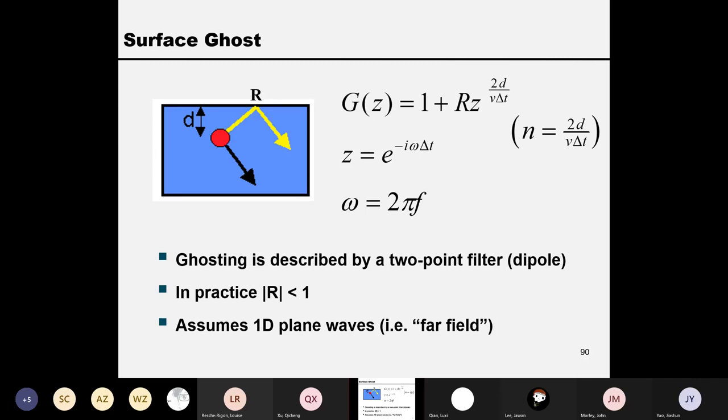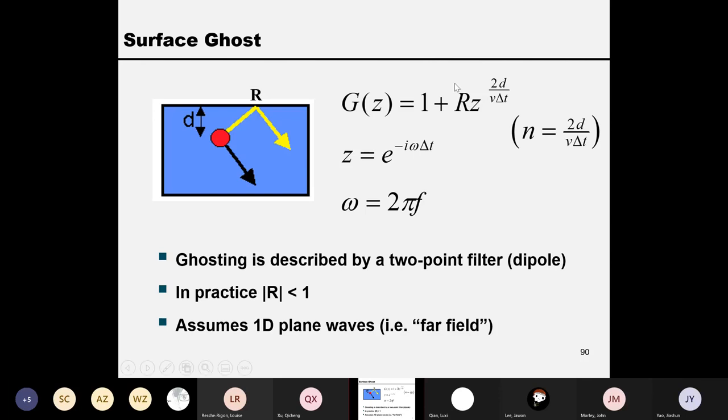For each term, you have a coefficient. Each coefficient is the amplitude of that position. And you have the Z term. The power of Z is the time index, from index 0.